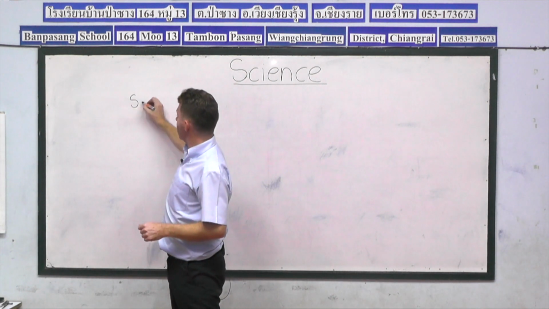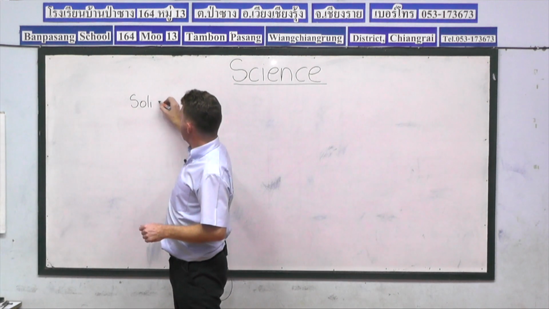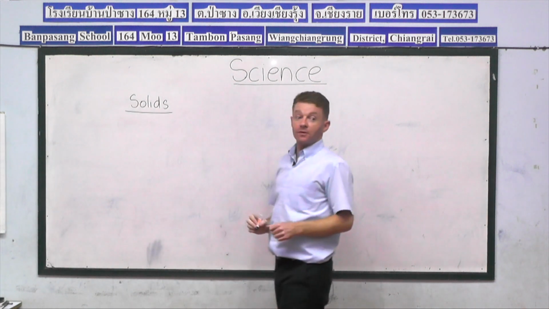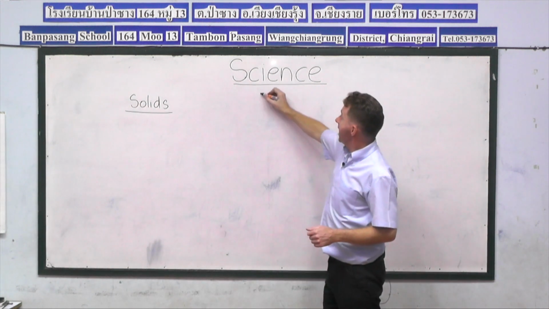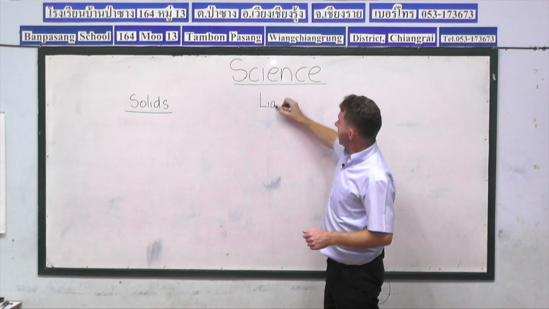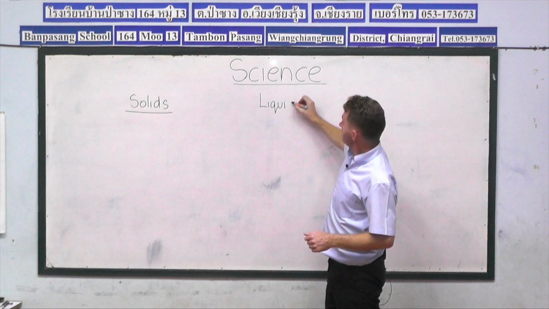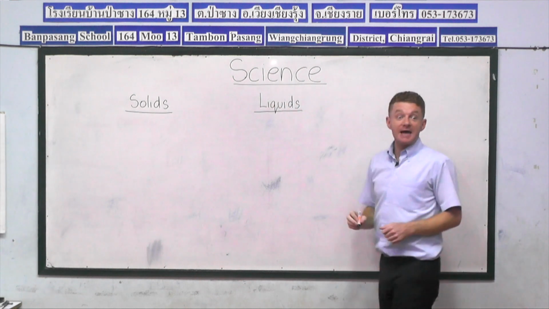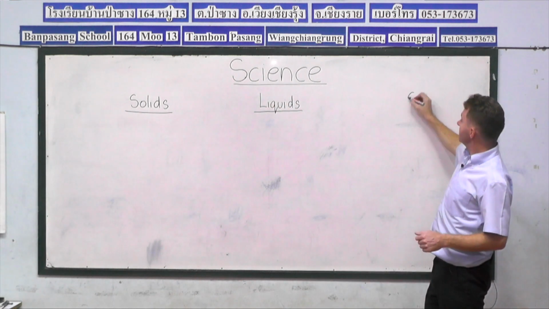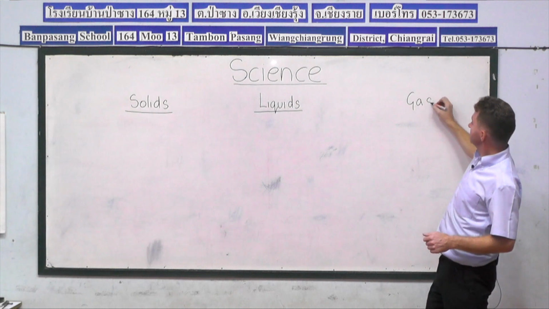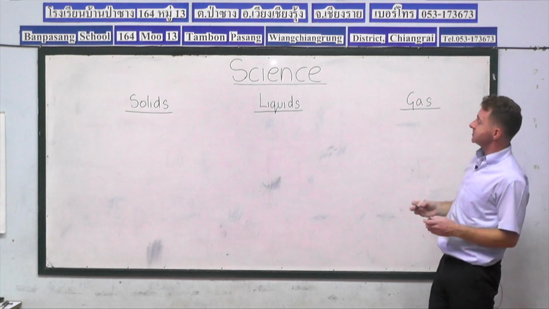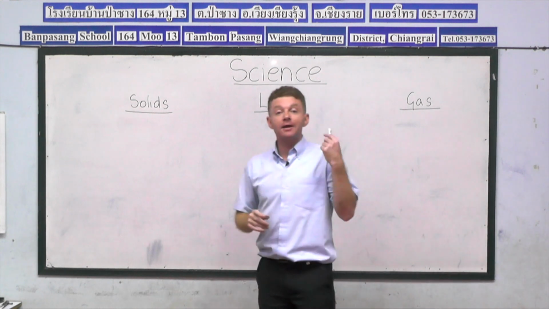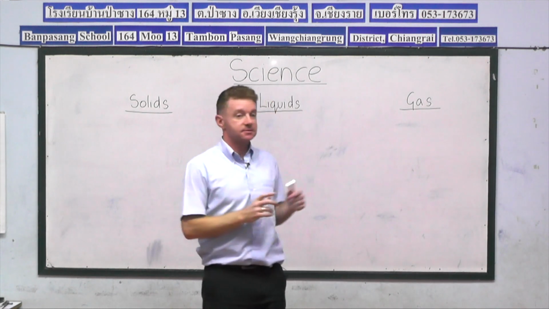S, L, I, D, S, because we've got more than 1. Liquids. L, I, Q, U, I, D, S. And then gas. G, A, S. So all together, guys, solids, liquids, and gas.